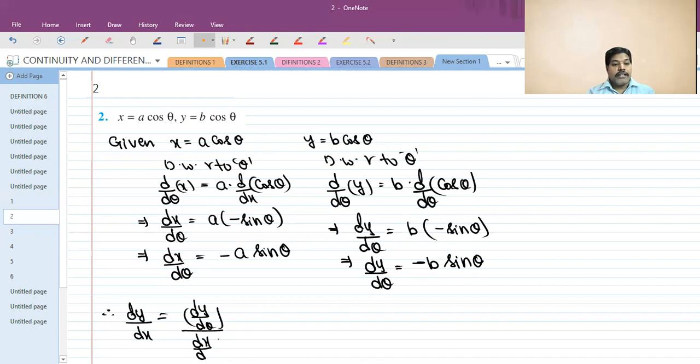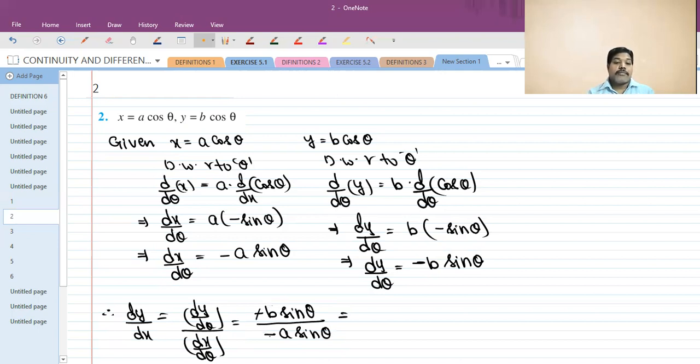So what is the dy by dx value? Dy by d theta value is minus b sine theta by minus a sine theta. So automatically what happens?